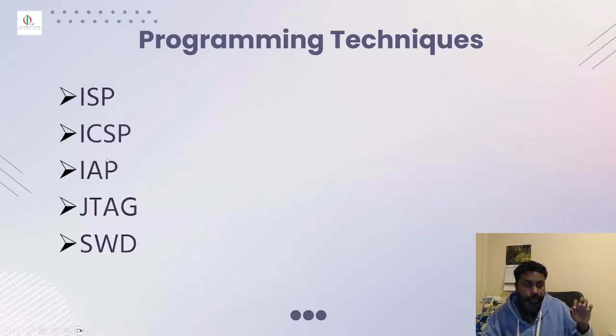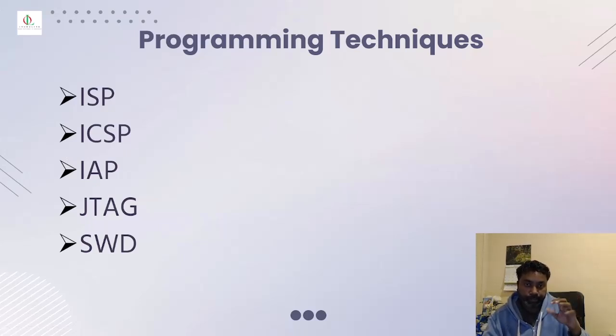And there is the important one, IAP, which is in-application programming, meaning over the air. Say, for example, the customer or the client has your product, and if you want to update a software or a firmware to that particular device or component or module, you can do that by this option, IAP, over the air.